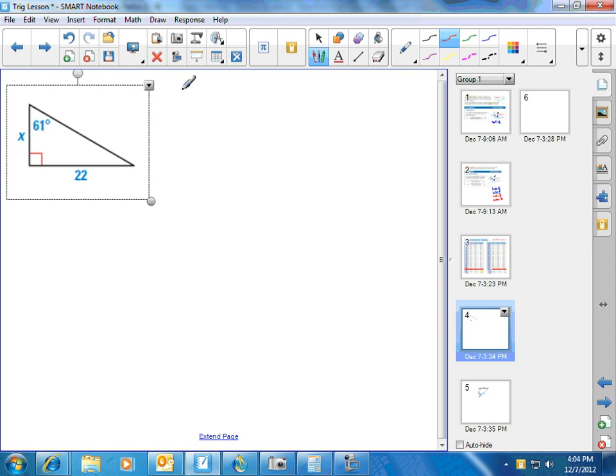So what are we solving for here? We've got an adjacent leg and this leg here, so we could use tangent. The tangent of 61 degrees has to equal opposite over adjacent, so that's 22 over x.